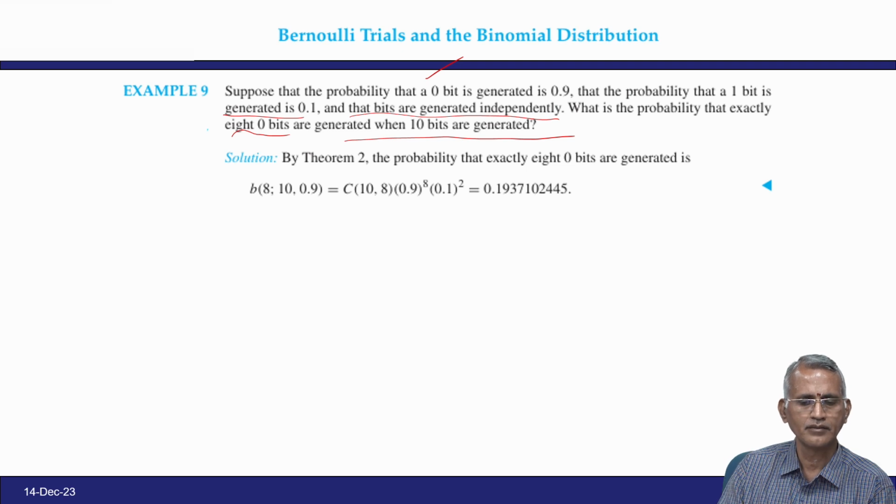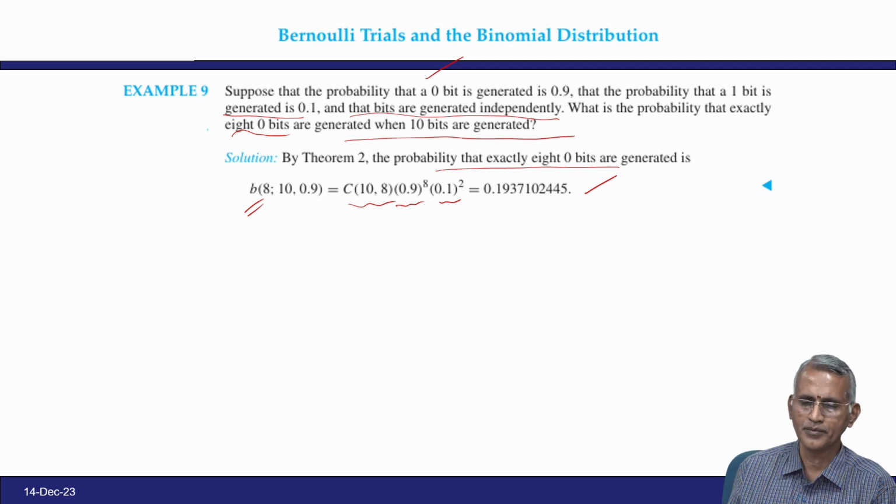By the theorem, the probability that exactly 8 0 bits are generated is b(8; 10, 0.9), which is 10C8 into 0.9 whole power 8 into 0.1 the whole square. So, this binomial distribution b stands for this, and the corresponding formula is this. Therefore, the result is approximately 0.1937.